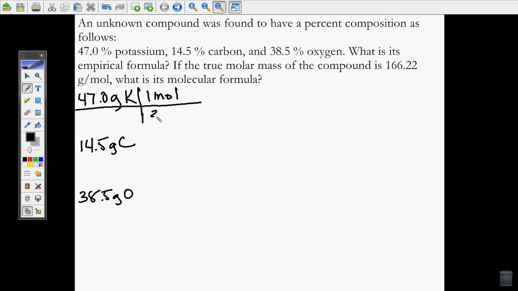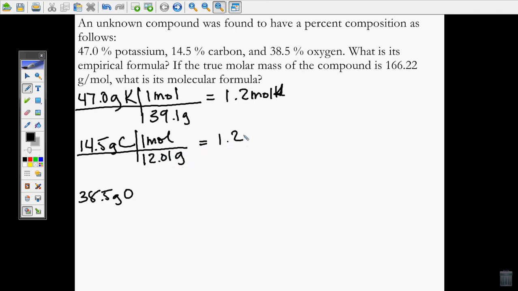So 1 mole is 39.1 grams, and that gives me 1.2 moles potassium, and 1 mole of carbon is 12.01 grams, and that is 1.2 moles. And 1 mole of oxygen is 16 grams, and that gives me 2.41 moles of oxygen.